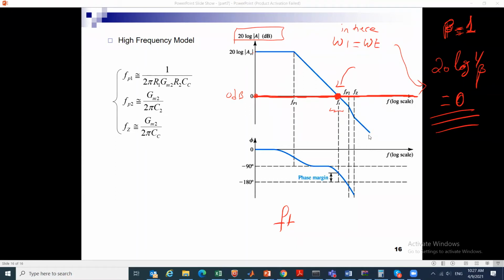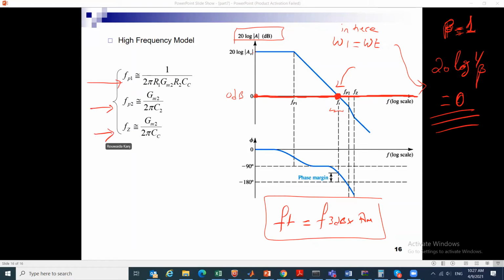And we know that ft is equal to what? It is equal to f3 dB times Am. These are the little tricks that you might see. So, for example, if I give you fp1 and fp2 and fz already, and you know the Am, so you know the 20 log Am, the low frequency gain, you can derive ft from it.